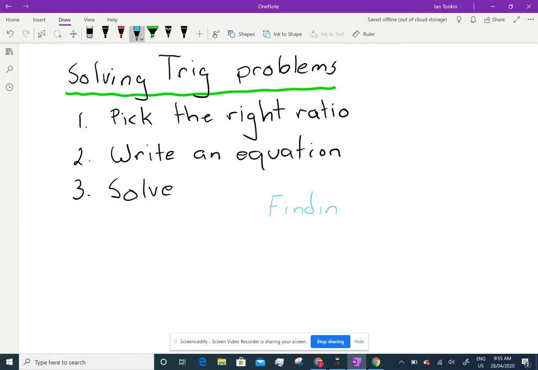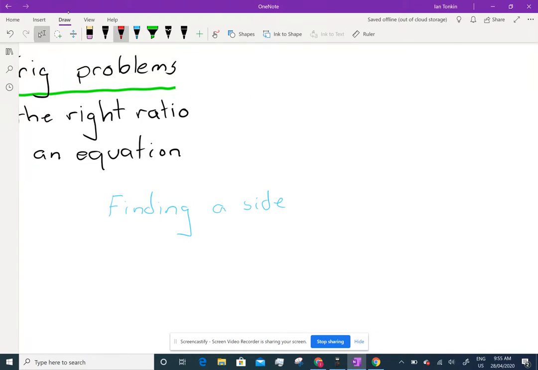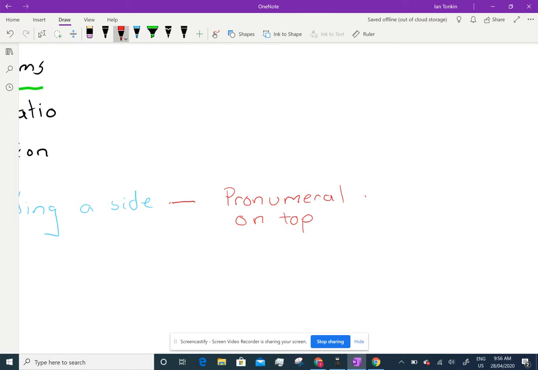This is just for right angle trigonometry, finding a side. We'll do a nice easy one first, with the pronumeral on top. That just means in the numerator. And I want you to just remember, when the pronumeral's on top, you multiply.